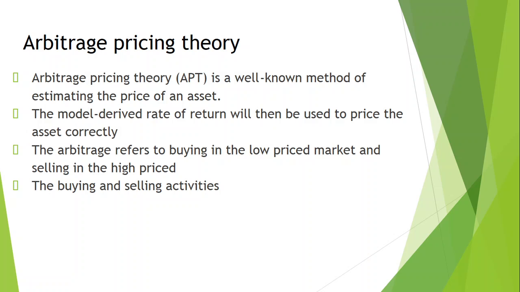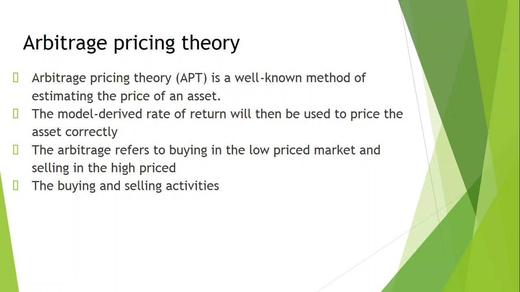The theory assumes an asset's return is dependent on various macroeconomic, market and security-specific factors. In finance, arbitrage pricing theory is a general theory of asset pricing that holds that the expected return of a financial asset can be modeled as a linear function of various macroeconomic factors or theoretical market indices, where sensitivity to changes in each factor is represented by a factor-specific beta coefficient.